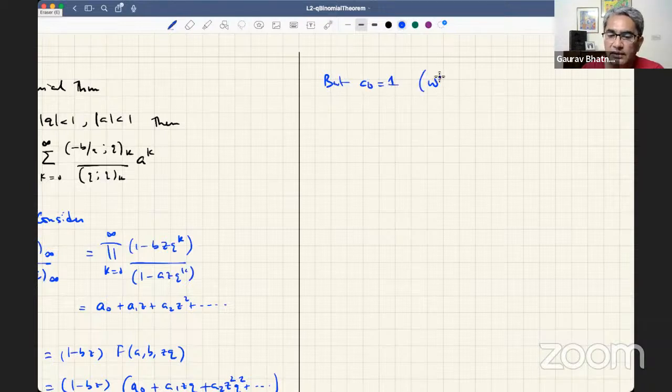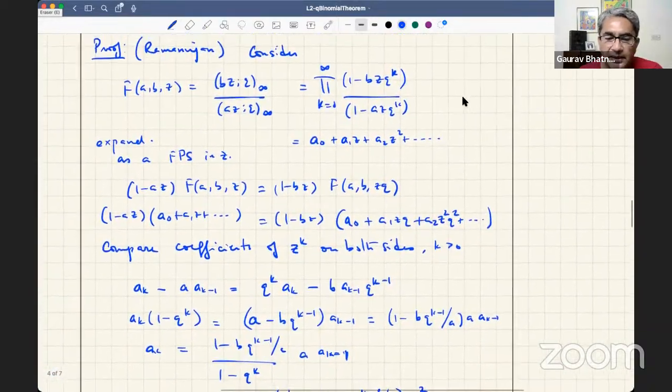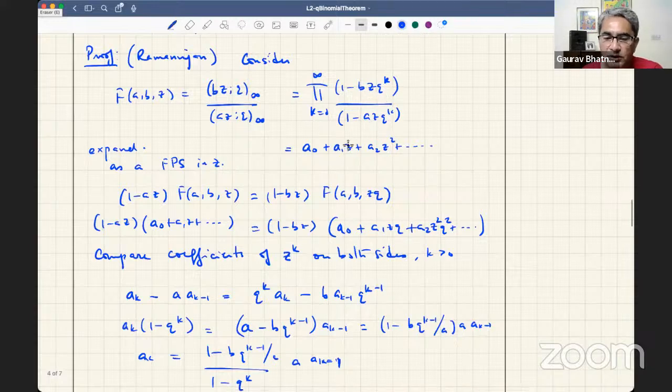A0 is 1. Why is that? If you go back to the same thing and put Z equal to 0, you get A0, which is going to be 1.